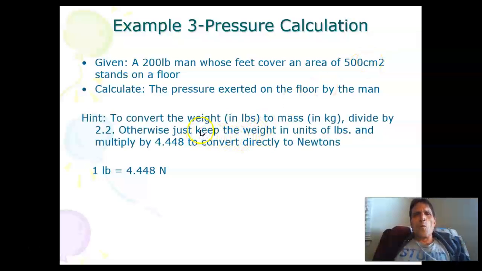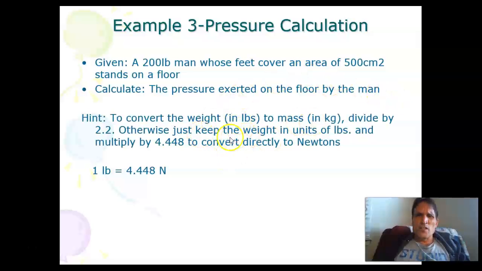We know that weight is equal to m times g, right? We learned that in 1150. So 1 kilogram times 9.8 meters per second squared means that the weight of a 1 kilogram object is 9.8 newtons.